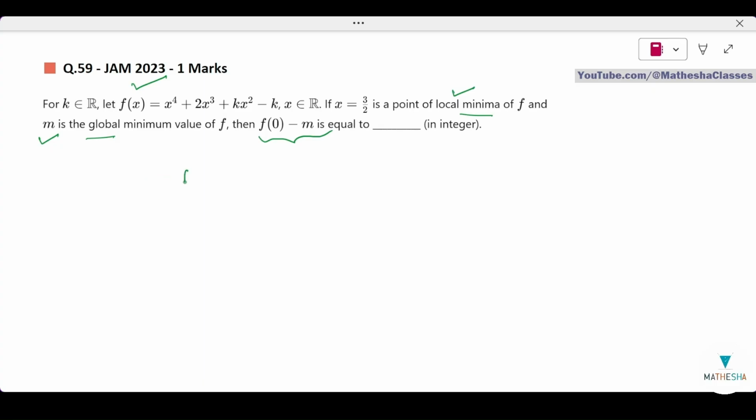Now we have f(x) equal to x4 plus 2x cubed plus kx squared minus k. x equal to 3 by 2 is a point of local minimum, so definitely f dash at that point is 0.